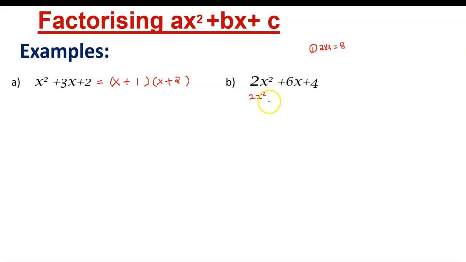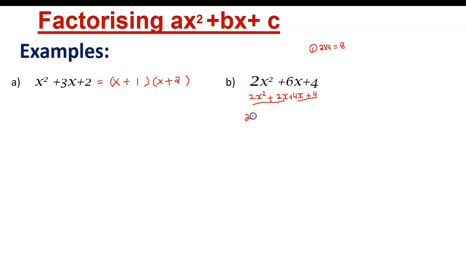I'm going to split this 6x into 2x and 4x, and I'm going to keep that 4 as it is. Now instead of having 3 terms, we got 4 terms. The second step we're going to do is to factorize the first two terms separately. What do those two got in common?